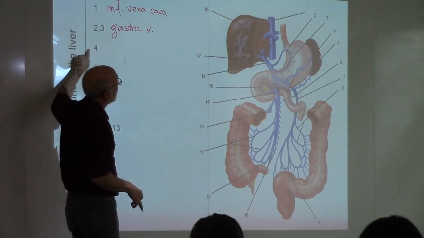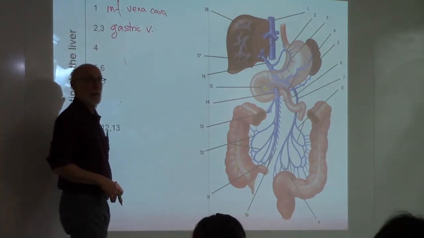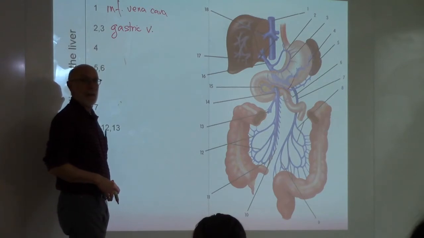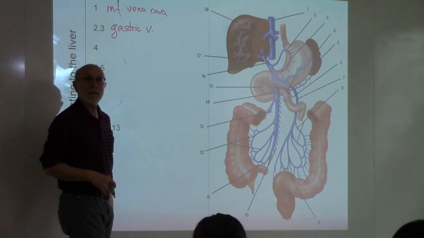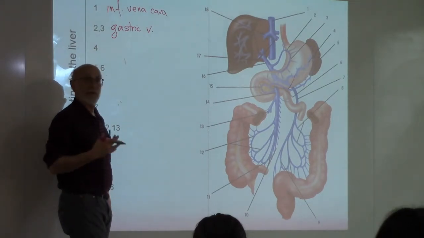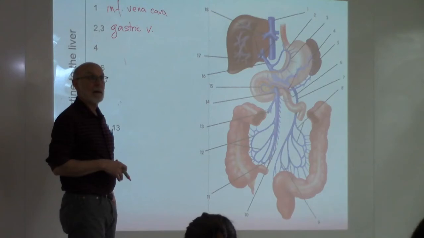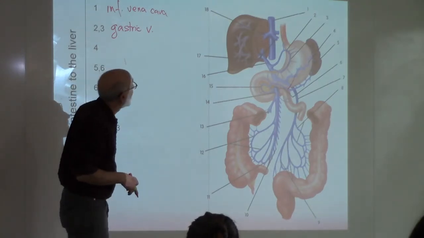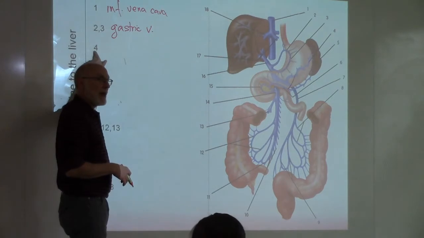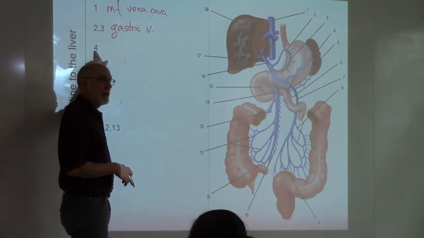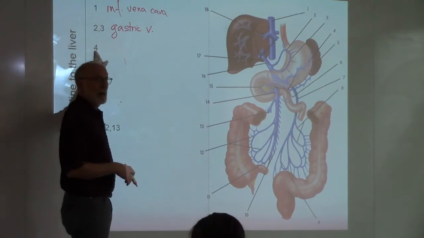4. I'll give you a hint. It parallels the artery that follows the same path. No, it's not gastroepiploic. Where's it going? What organ is it going to? Spleen.